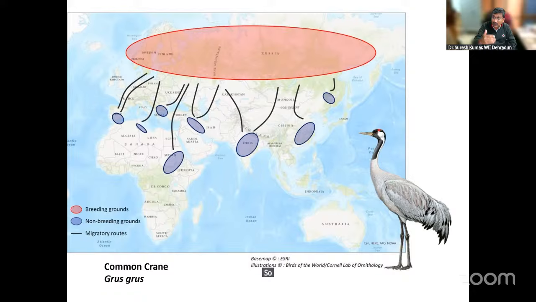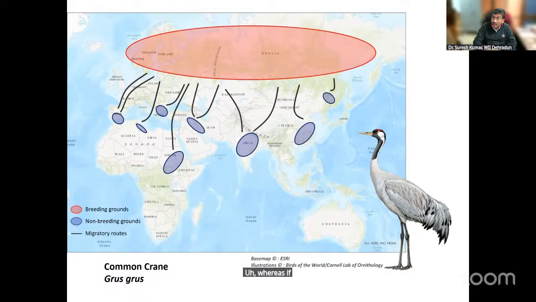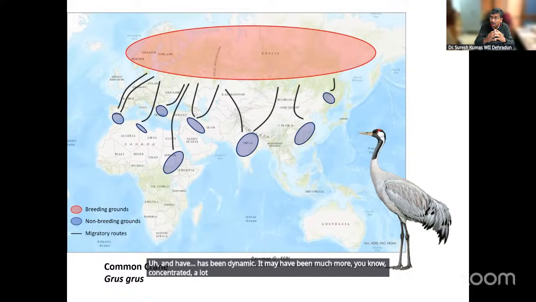So some, like those that come down to India, are migrating about 5,000 kilometers one way. Whereas in the easternmost part of China, Northeast Asia, you will see those populations are not moving down very much. All of these things have definitely evolved and been dynamic. It may have been much more concentrated, with a lot of these populations coming all together, and as of now what we see is that you do see different populations.